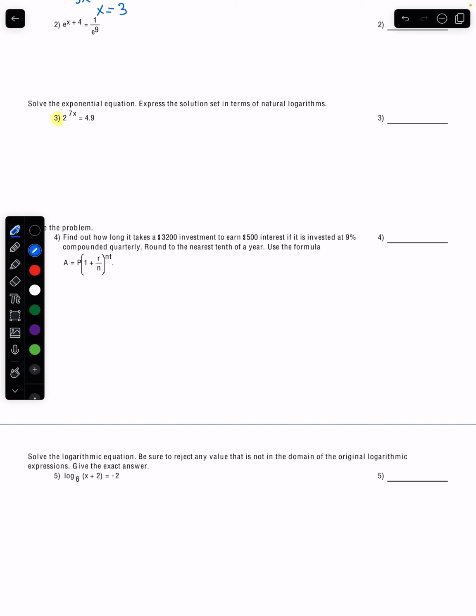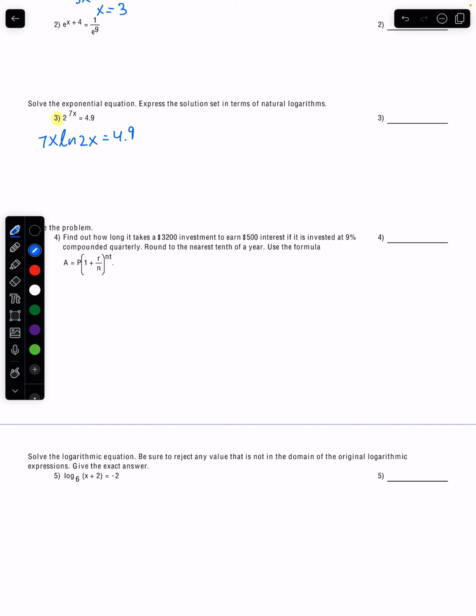Number 3, it says solve the exponential equation, express the solution set in terms of natural logs. So doing the same thing, solving for x, but we need natural logs in our final answer. Let's get that 7 out of the exponent by taking the natural log of both sides. And that'll bring the 7x over here.